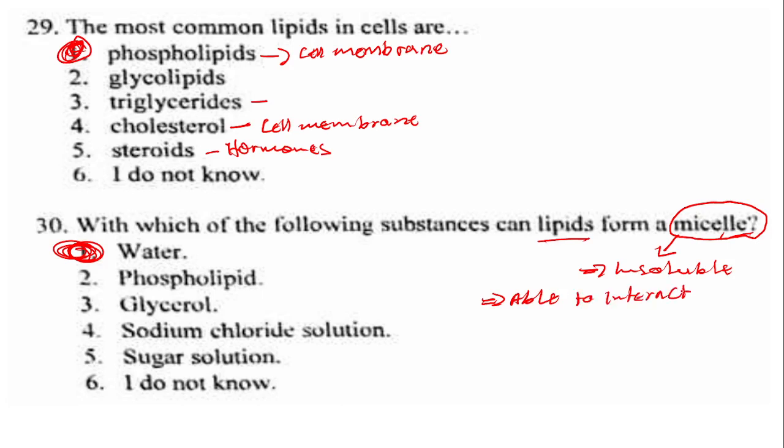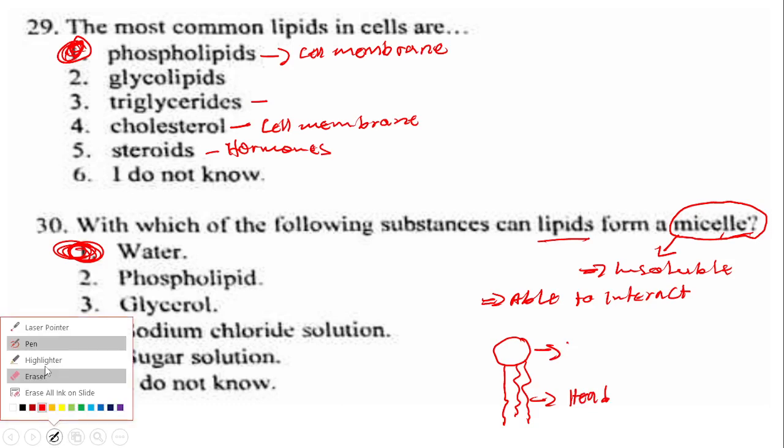So they cannot dissolve in water, but they are able to interact with it, such that they have a head and a tail. Sorry, I put the head on the tail. So they have the head and the tail.